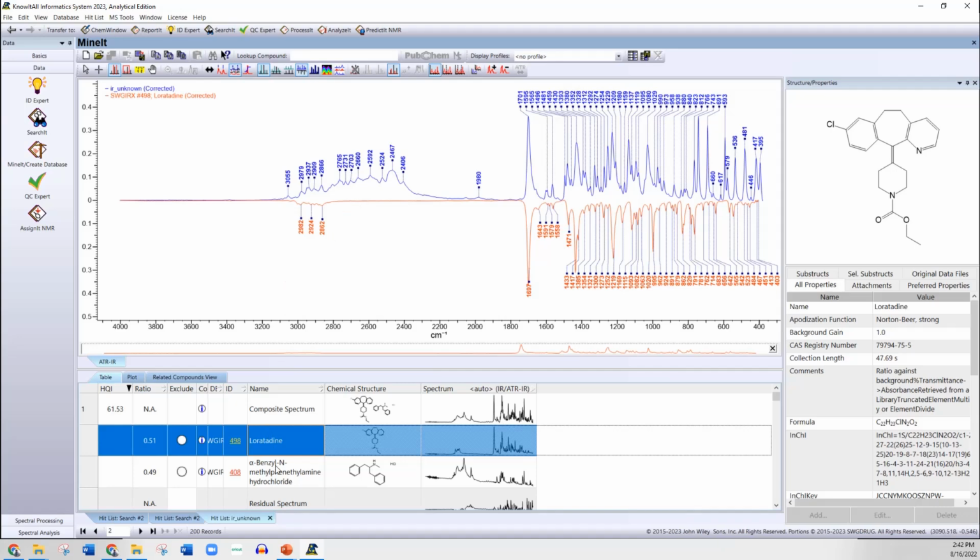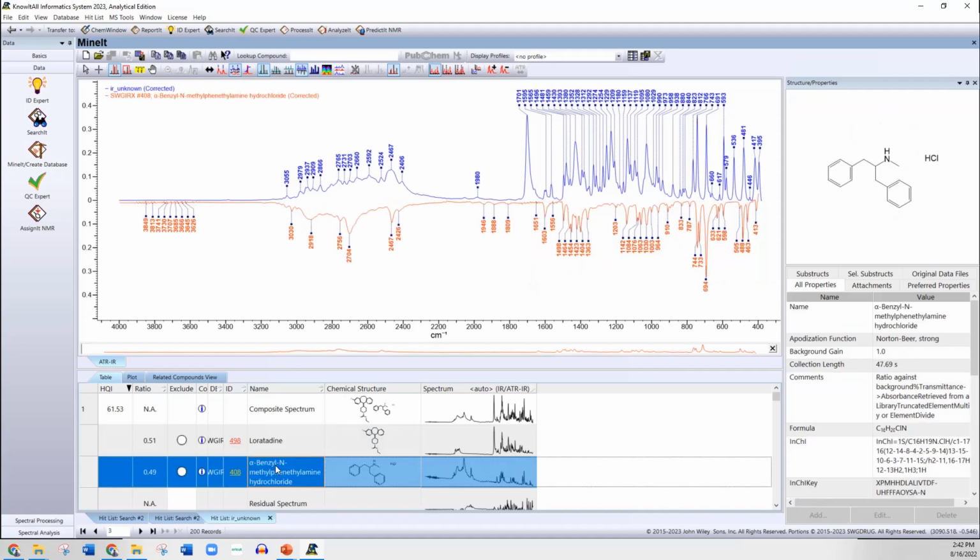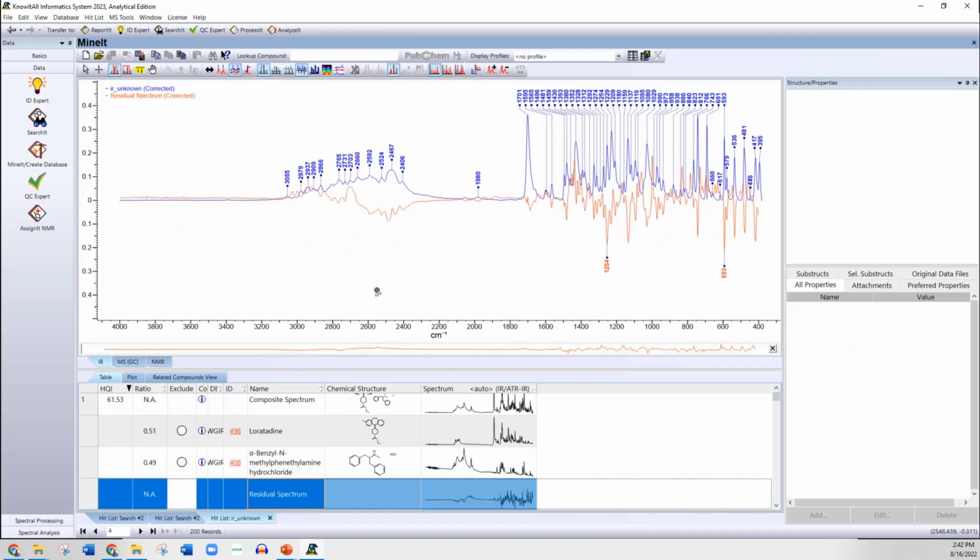But if we look at the other compound it picked up, the salt, now the salt starts to explain this large lump that occurs between around 2,900 to 2,400, indicating the presence of a salt, and some of the other frequencies down at lower frequencies confirm this. And what it's doing, of course, is looking at the residual spectrum. It's always trying to minimize the residual leftover when it assumes it's a mixture of 2 compounds.